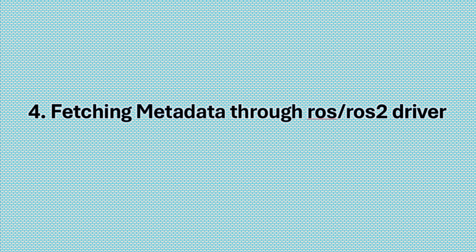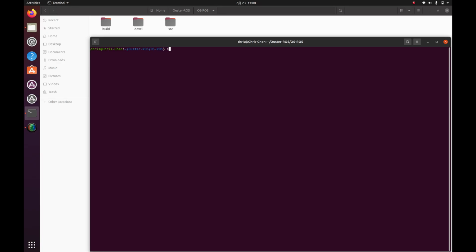In my test, I will use ouster-ros driver to fetch the metadata, and ouster-ros2 driver can also achieve the same functionality. In the ros launch command, I specified the directory where the metadata will be written to.